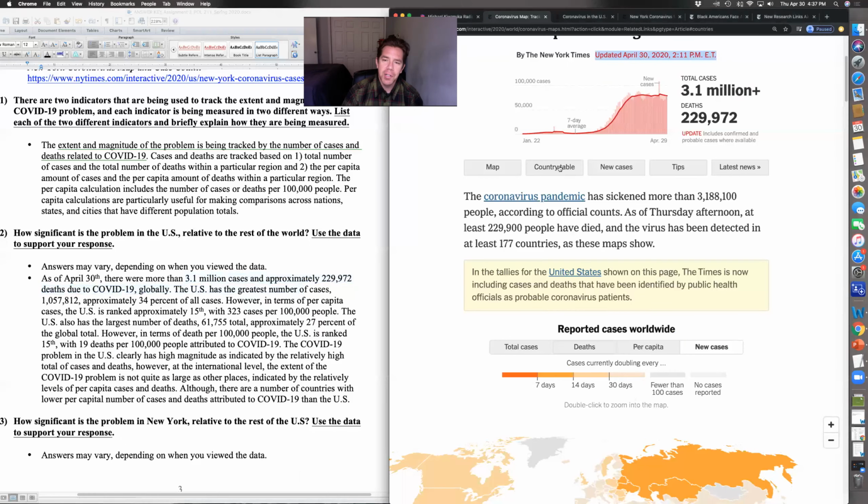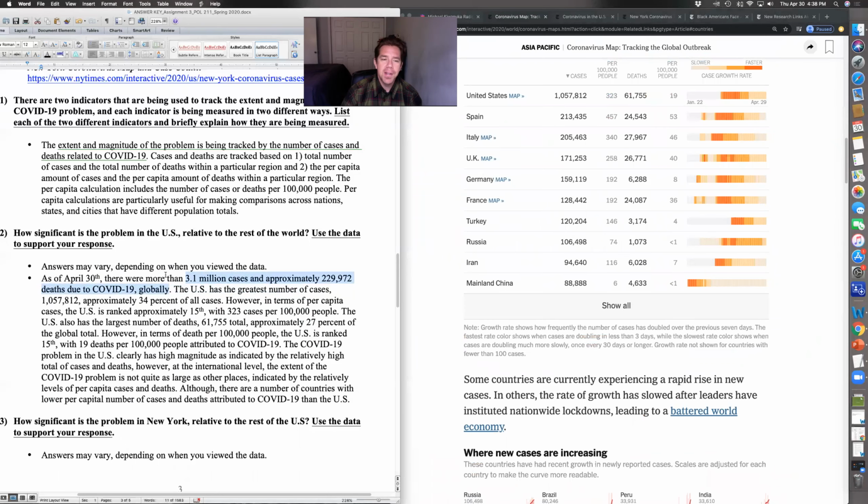Now, if we go to this country table, we can look at the US relative to the rest of the world. All right, so I'm just going to highlight what I'm talking about here, but the US has the greatest number of cases with 1,057,812 cases, right? And again, you don't have to calculate this, but I went ahead and calculated it.